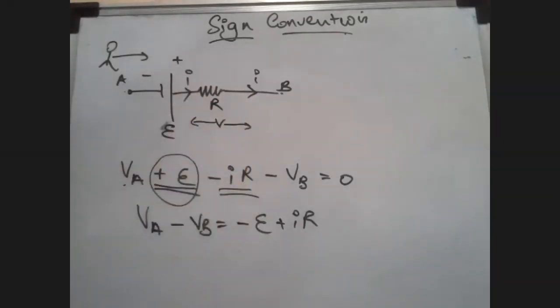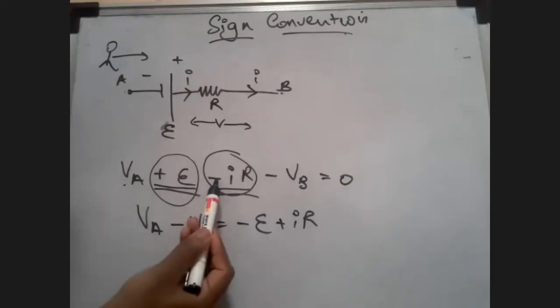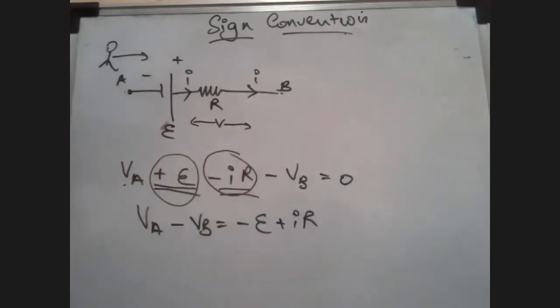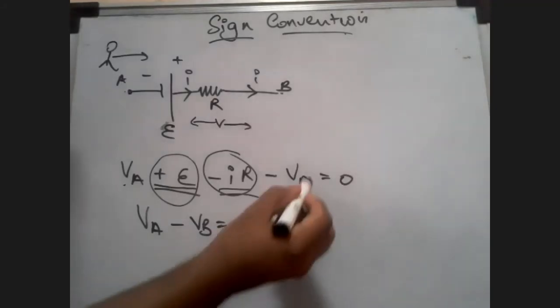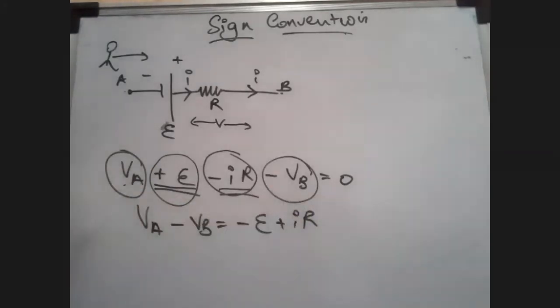Potential is dropping. Of course, it is going to drop. Potential drops across a resistor. So when it is dropping, I will take it in the form of minus IR. Why negative sign? I am in the direction of the current. That's it. If you are in the direction of the current, take negative times IR. And minus VB, because VA minus VB is always present.